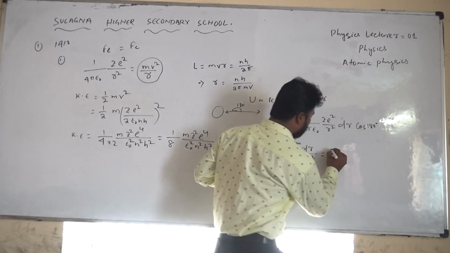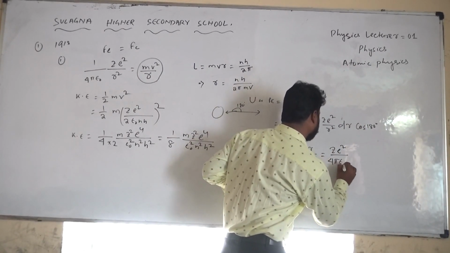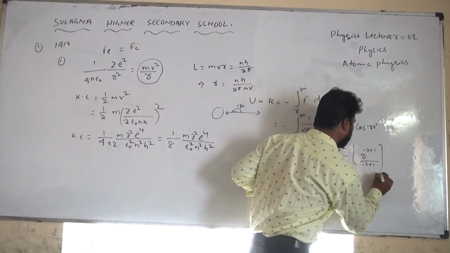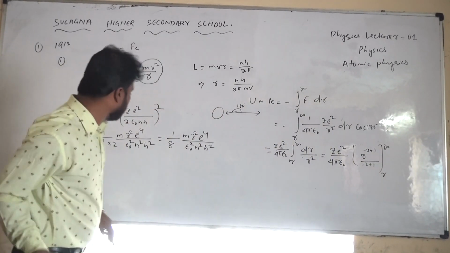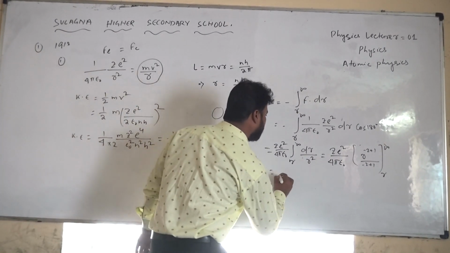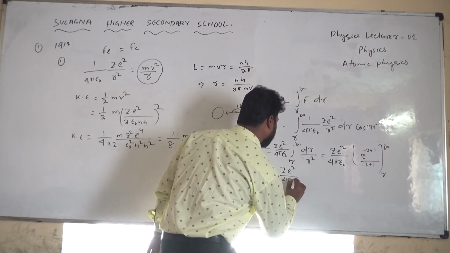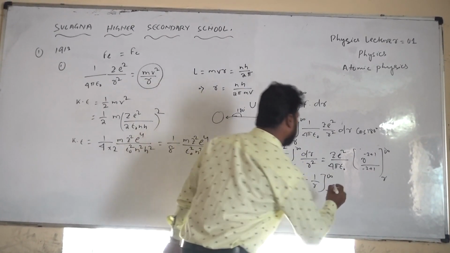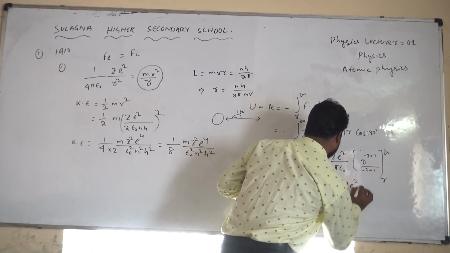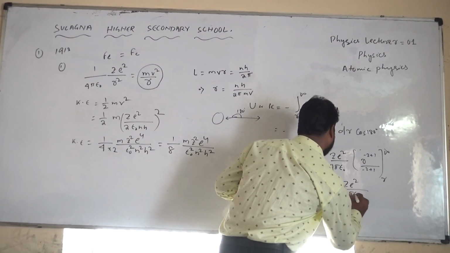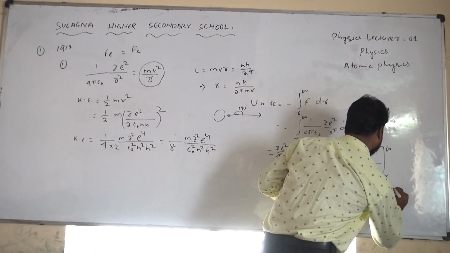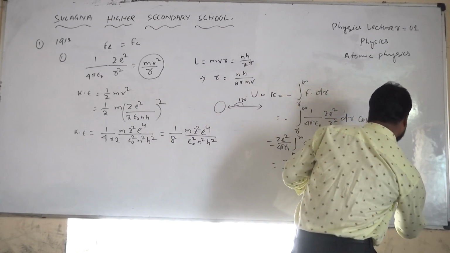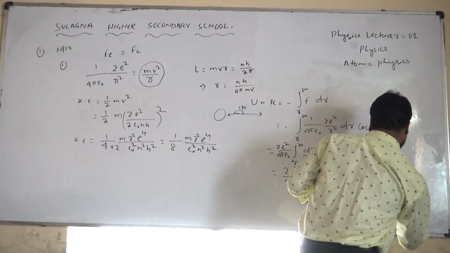That is equal to z e square by 4 pi epsilon naught times the integral of r to the power minus 2, which is r to the power minus 2 plus 1 by minus 2 plus 1, from r to infinity, which is equal to z e square by 4 pi epsilon naught times minus 1 by r from r to infinity, which is z e square divided by 4 pi epsilon naught times minus 1 by infinity plus 1 by r.